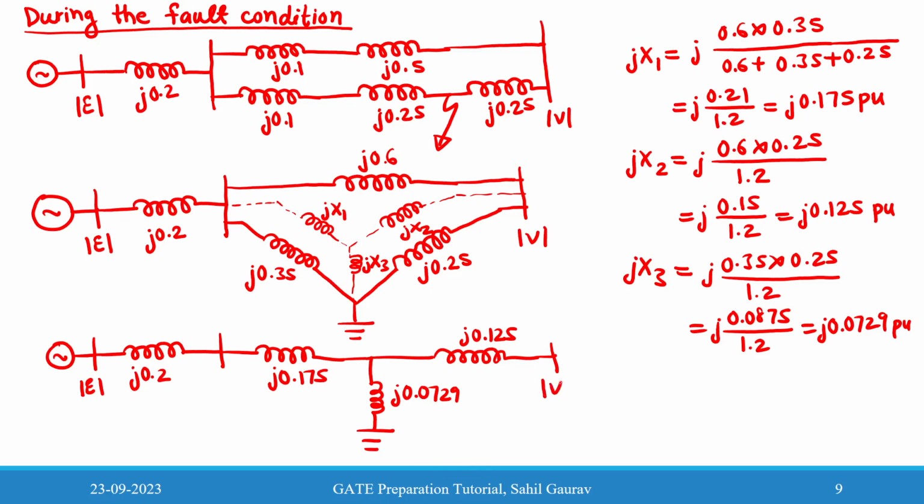So this is V. Again, this is not properly simplified. We can add these two terms, j0.2 and j0.175, right? So now we are going to add these two terms, and we will look at how the reactances look between this generator internal bus and the infinite bus.